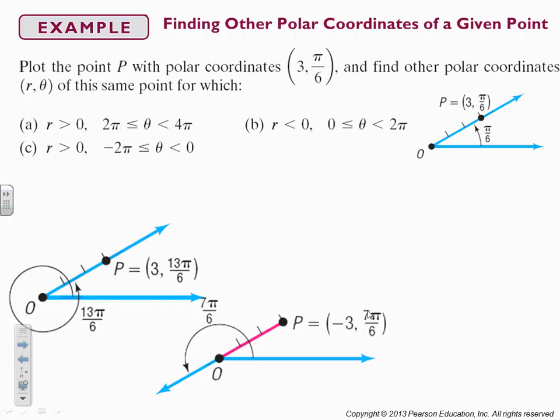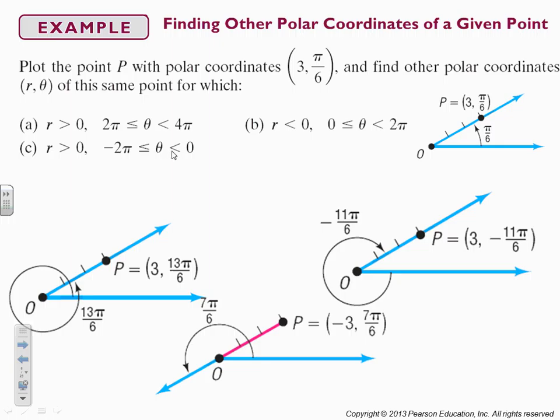So we add pi to pi over 6 and get 7 pi over 6. So if we're at 7 pi over 6, we need to get back to pi over 6. We use a negative radius to push us back in that direction.